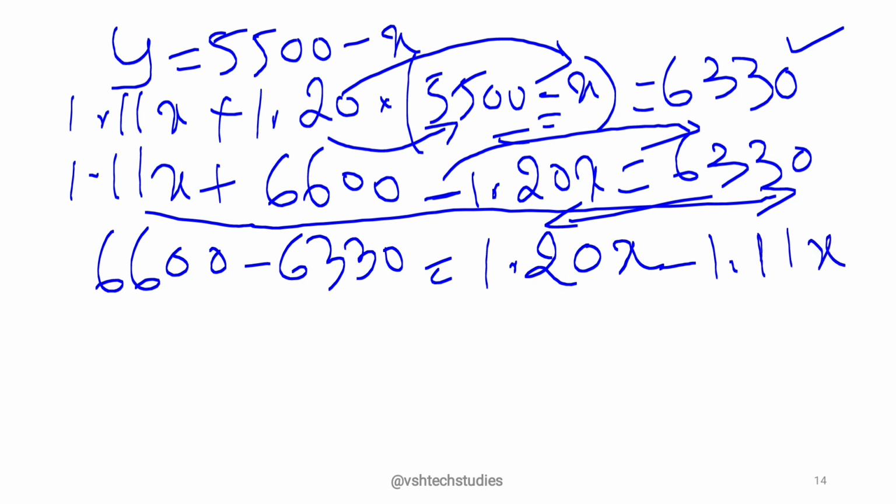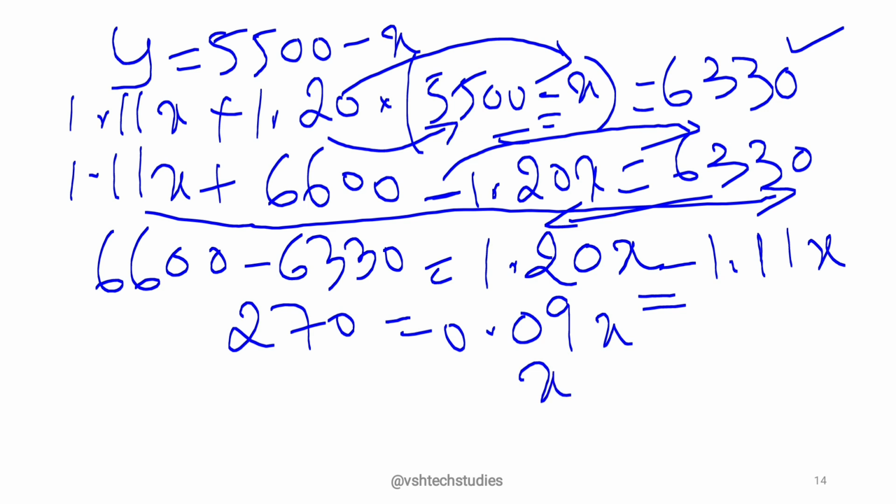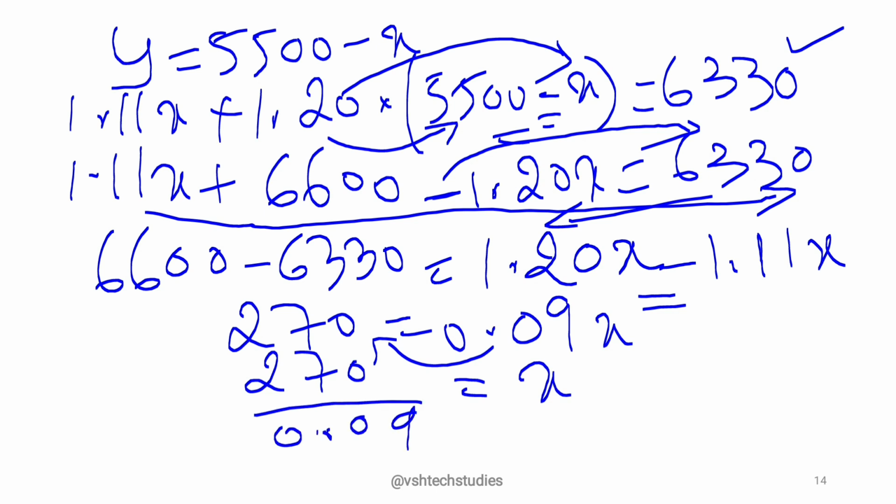So 6600 minus 6330 is 270, and 1.20 minus 1.11 is 0.09x. Hence x equals 270 divided by 0.09. Now shift the decimal 2 places, giving 2 zeros here: 9 ones are 9, 9 threes are 27, and zeros are there. Hence x equals 3000.